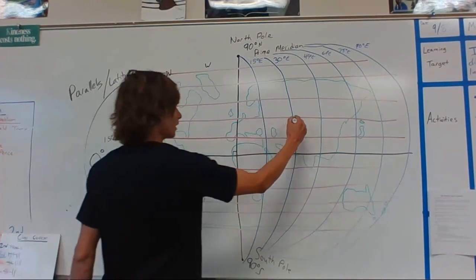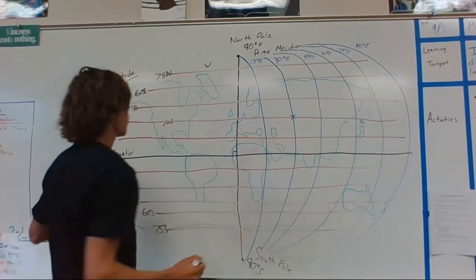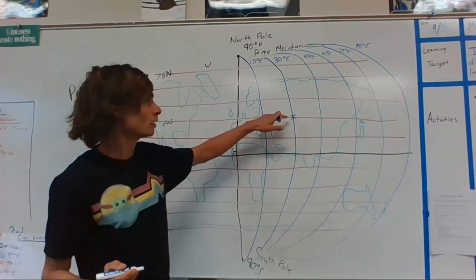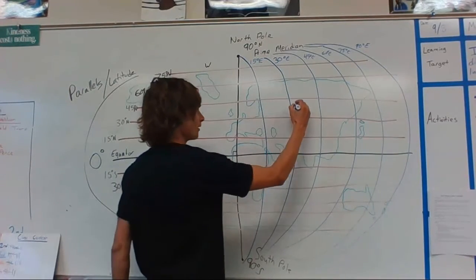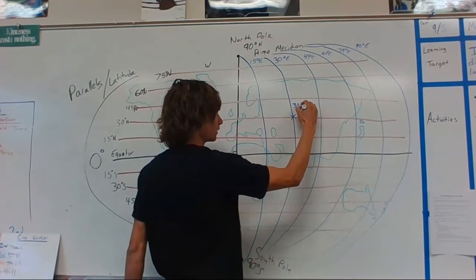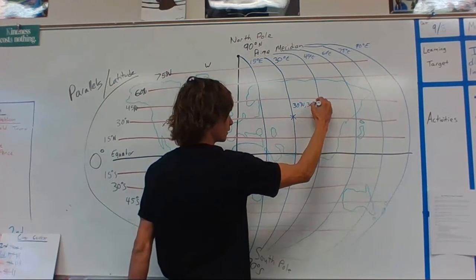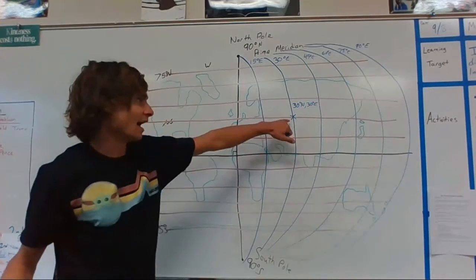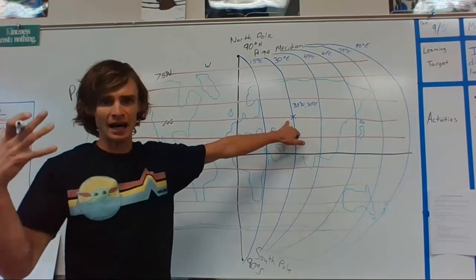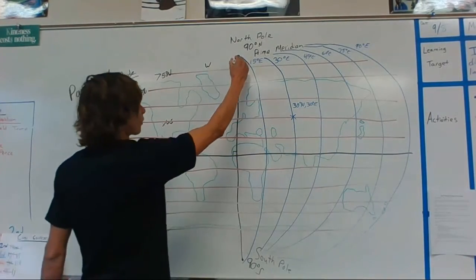Like right here, this exact point would be 30 degrees north and 30 degrees east. So I would write that point as 30 north, 30 east. And that would be the exact location of that point on a map. And the same thing works for the west, right?